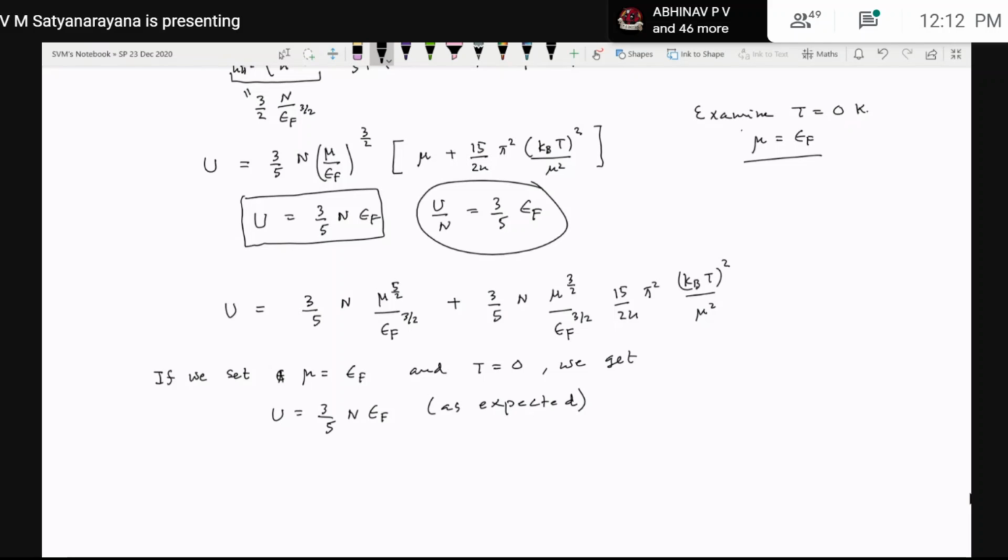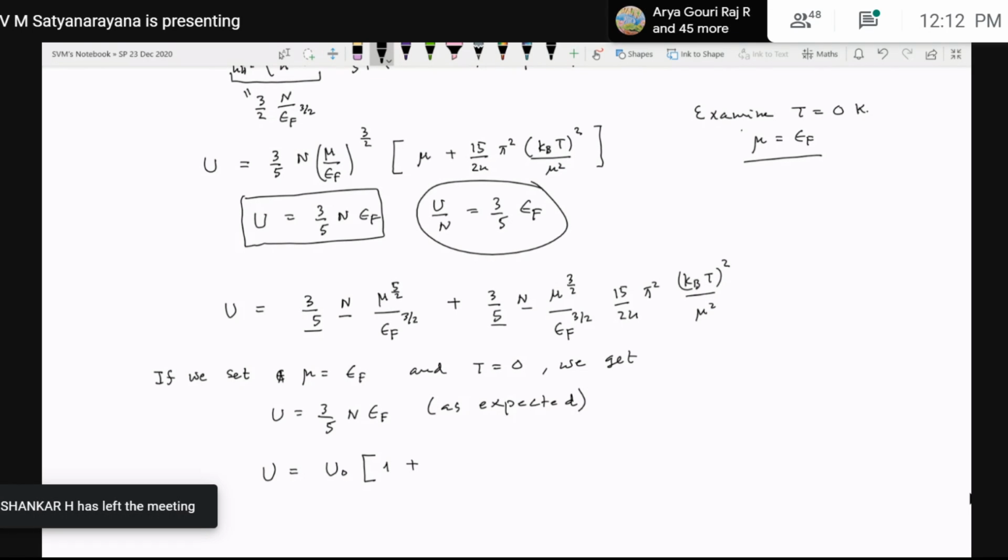Now I will pull out this factor, and I will call that some u naught, into 1 plus. I have pulled out 3 by 5, n, and mu power 5 by 2 over epsilon f power 3/2. That means I have to multiply and divide by mu.